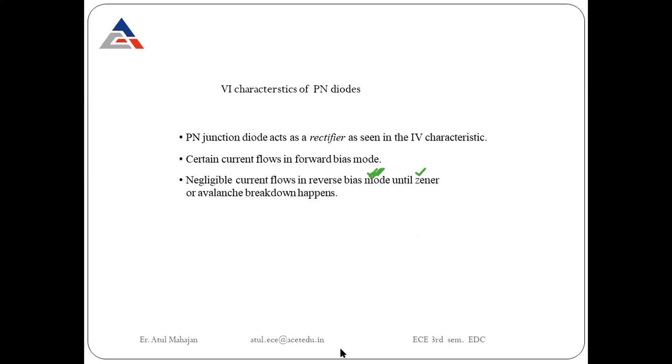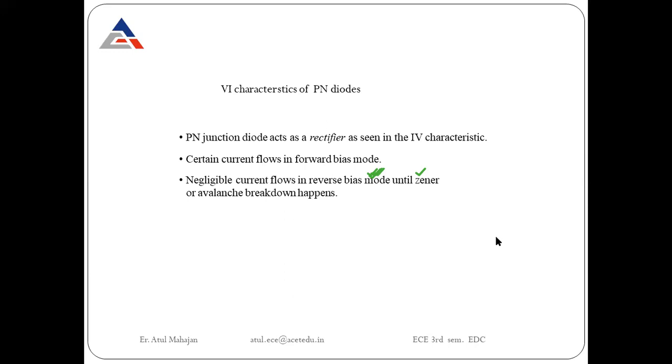There is a very small amount of current flowing in the reverse bias region until there is a region of the Zener or the avalanche. Avalanche means it's above the breakdown region. The breakdown region means the region where the diode is at its maximum or saturated level of current, above which it will break down, that is, avalanche.